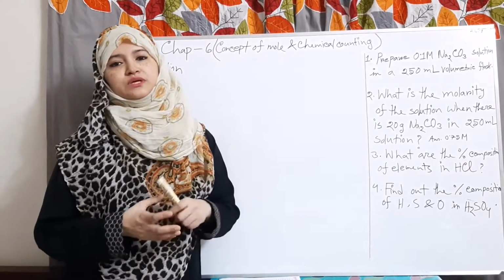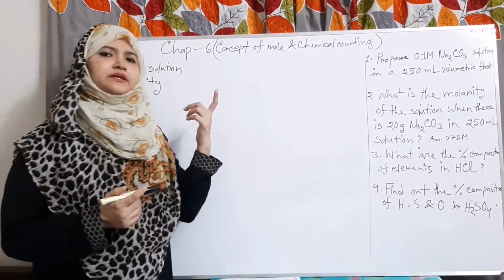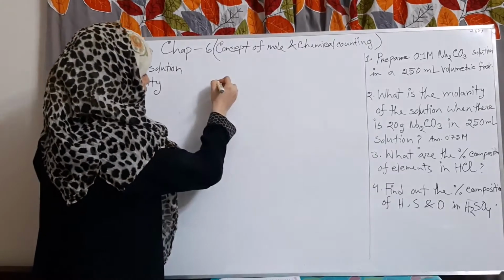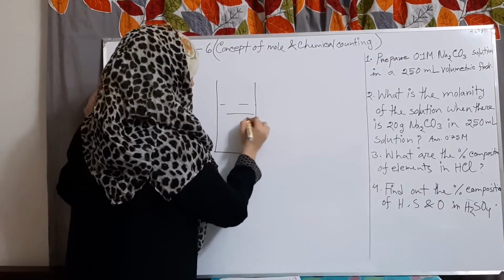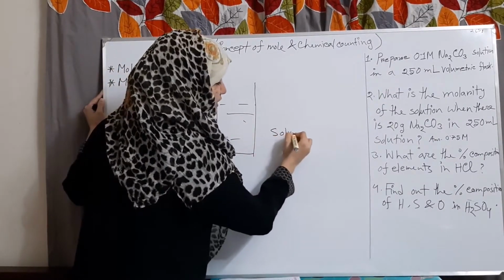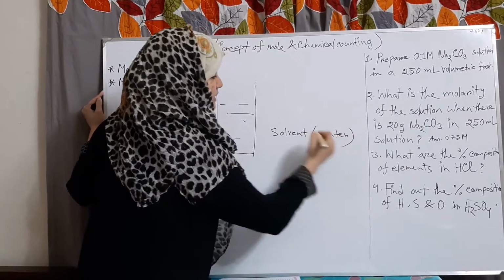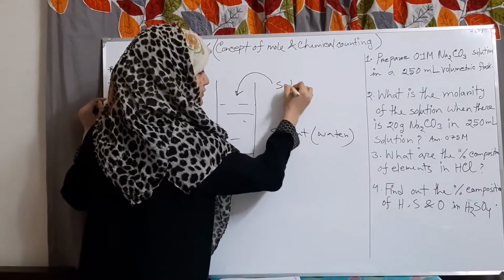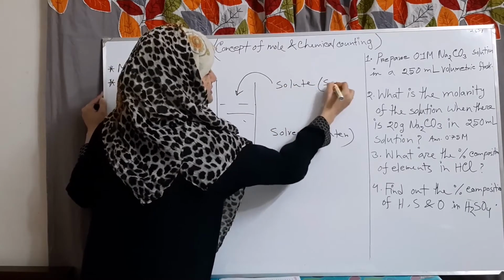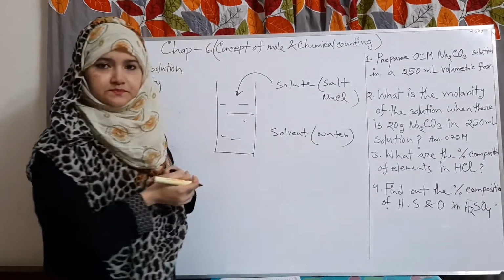So at first we have to know what a solution is. To prepare a solution, we have to take a solvent, such as water, and then add a solute, such as common salt, which is sodium chloride.